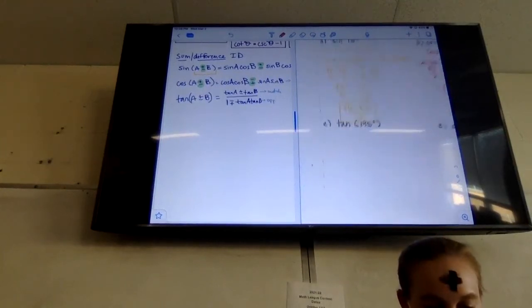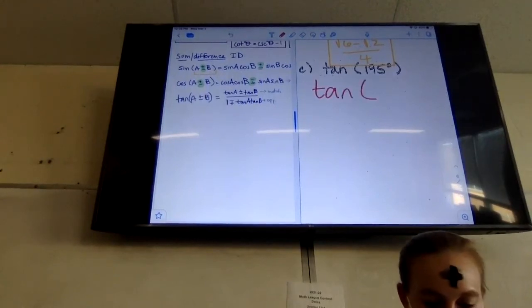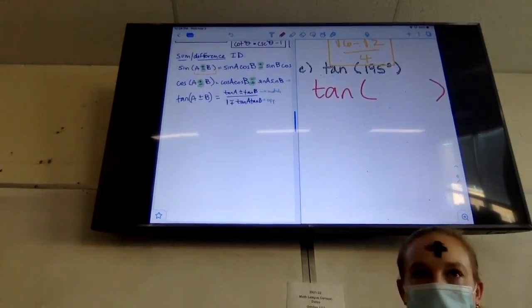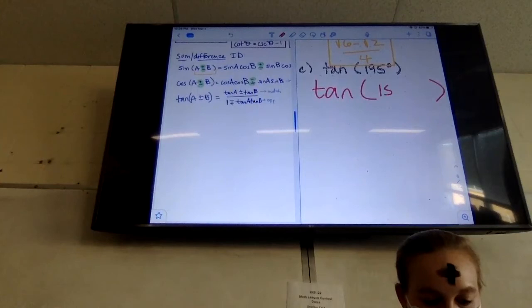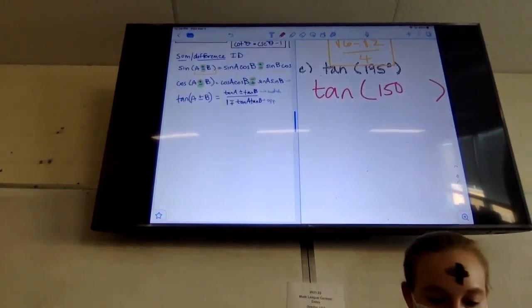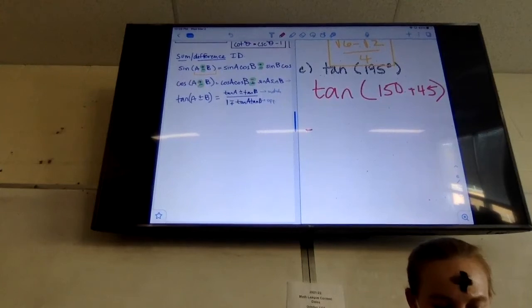If I go look at the tangent one, tangent of 195, how can I break that apart? 150 and 45. Let's at least set it up and then we can finish it.